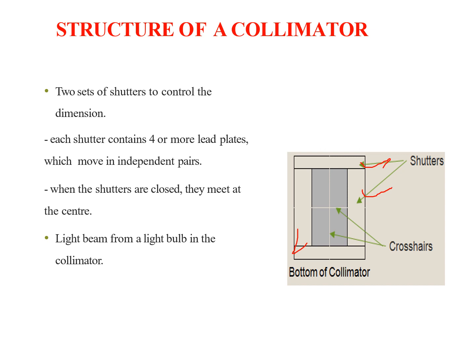Each shutter contains four or more lead plates which move in independent pairs. See, 1, 2, 3 and 4. When shutters are closed, they meet at the center.